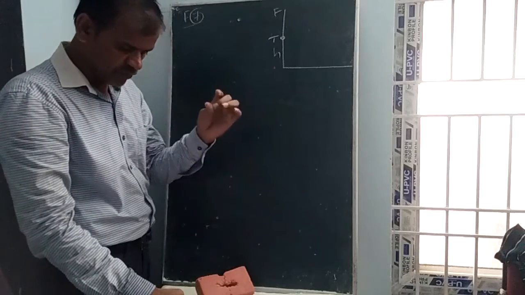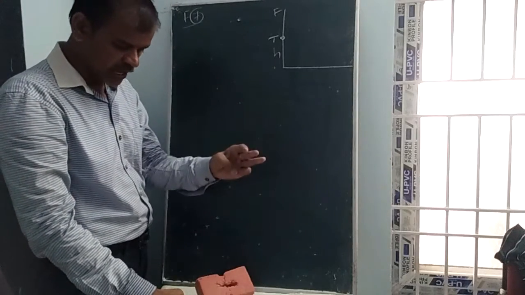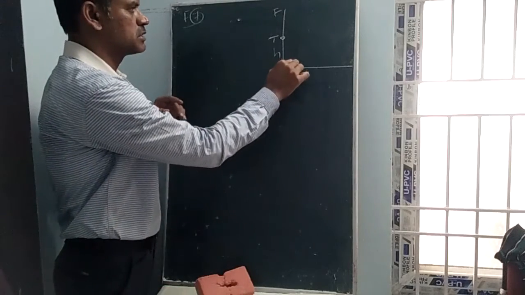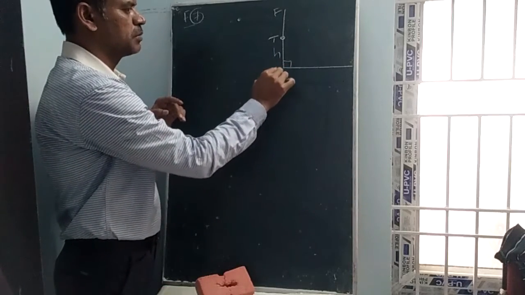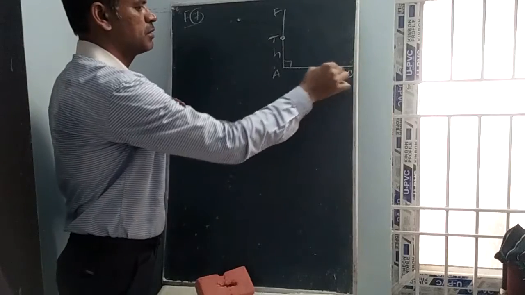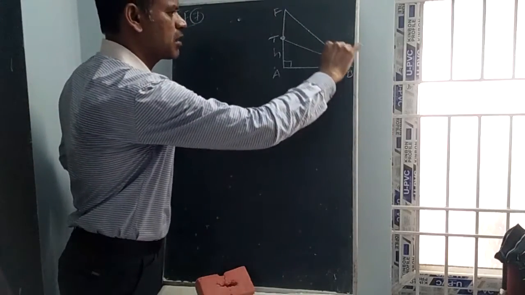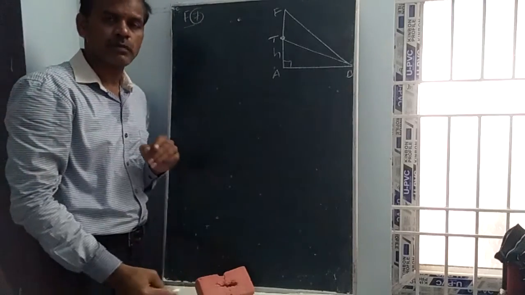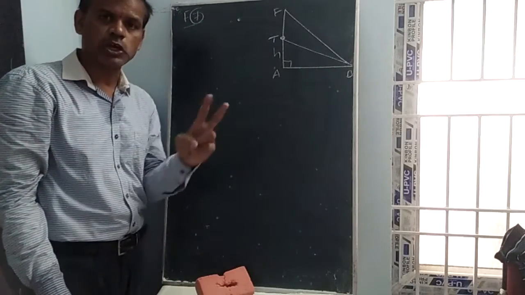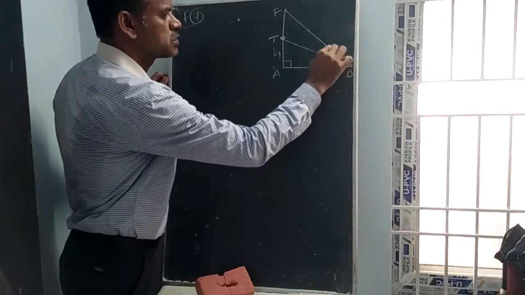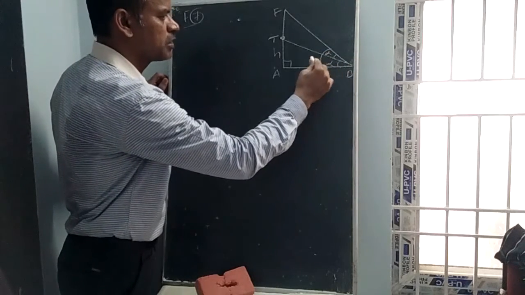If the tower and the flag staff subtend equal angles at a distance d meters from the foot of the tower, this is the foot. Let it be A. This is B. From this point B, the flag staff and the top of the tower make equal angles. If it is alpha, it is also alpha. So the total angle is 2 alpha.